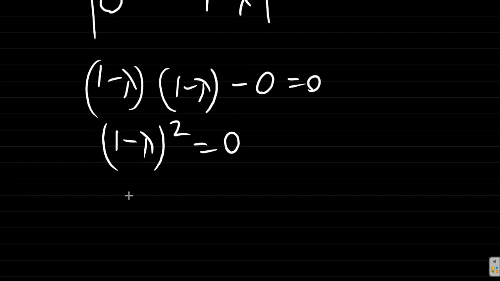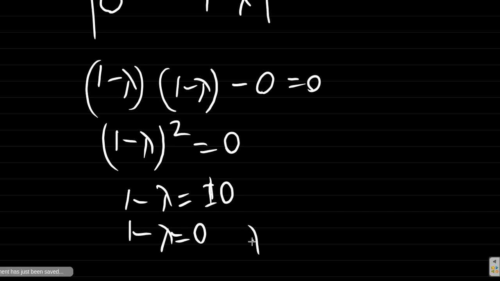Square root both sides, 1 minus lambda is equal to, well, you can say plus or minus 0, but the plus or minus won't make a difference here. So 1 minus lambda is equal to 0, so therefore lambda must be equal to 1. And that's the only eigenvalue we have.